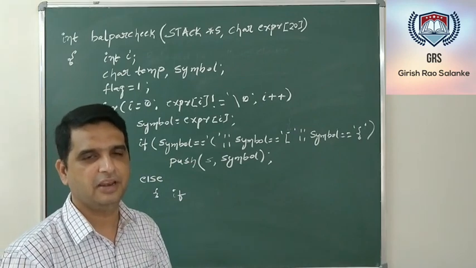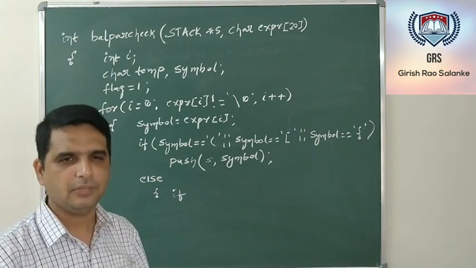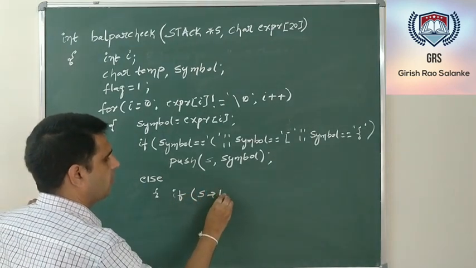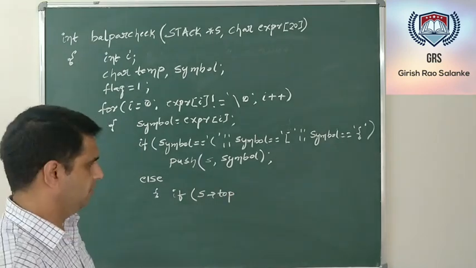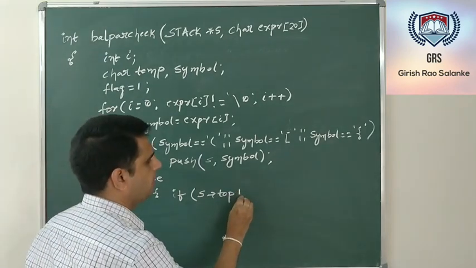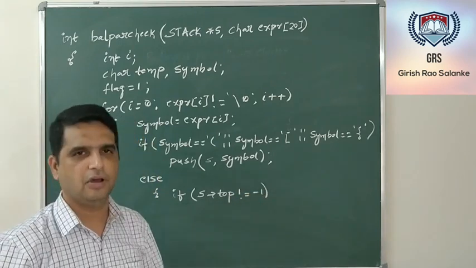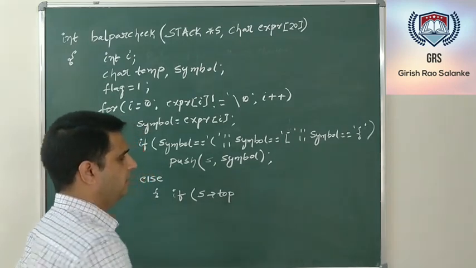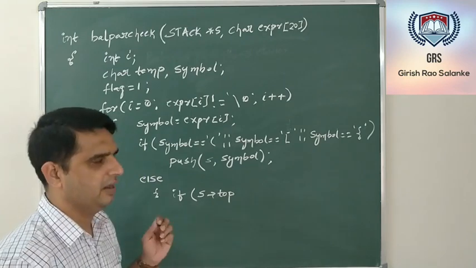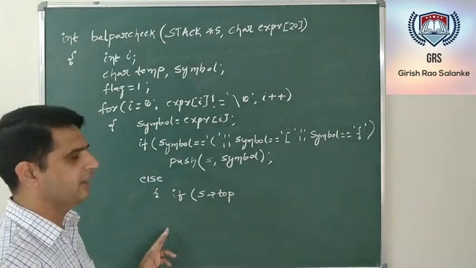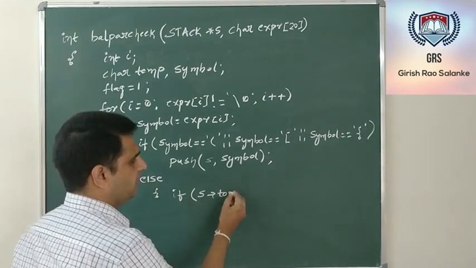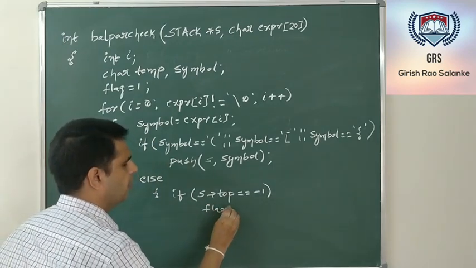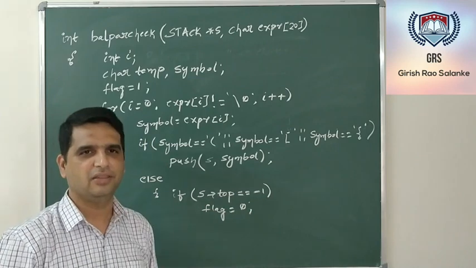If there are any elements in my stack, then it is fine. So if S of top is equal to -1, meaning that if my first scanned symbol is a right parenthesis, it will directly come to the else part, then I set flag is equal to 0.